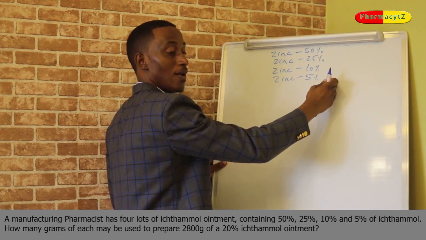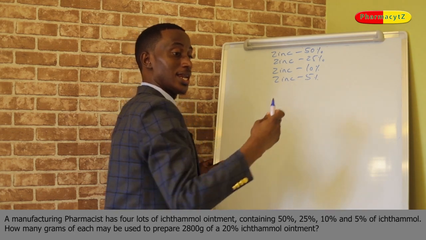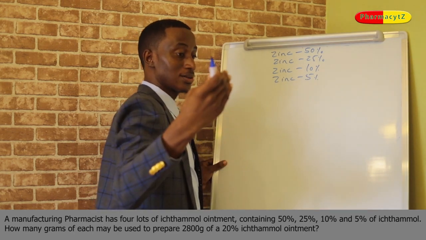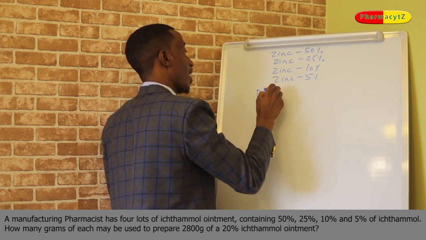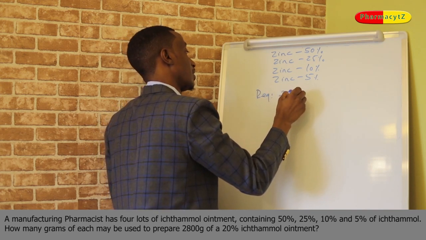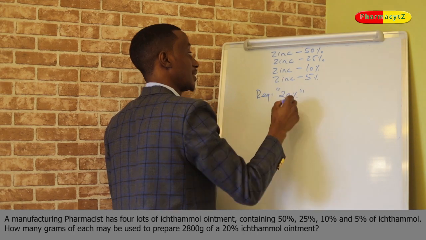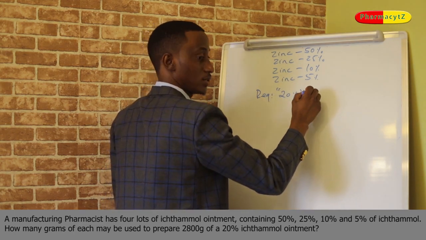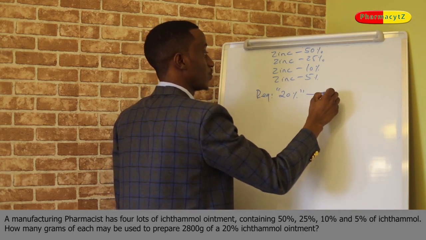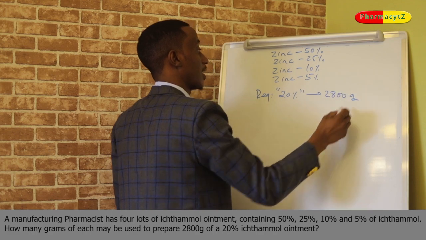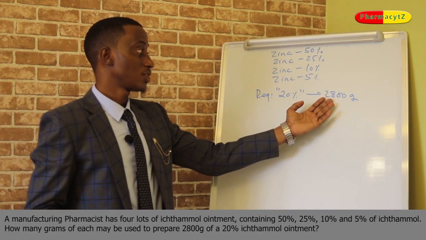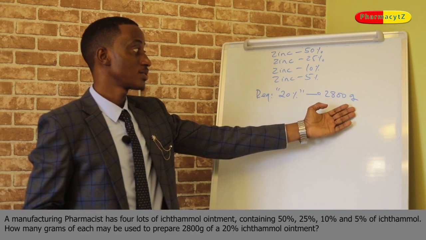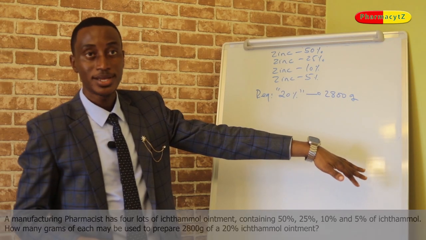So from these 4, a manufacturing pharmacist needed to prepare a 5th one which contained 20%. He wanted to prepare 20% in a certain amount, which was 2,800 grams. So in fact, this manufacturing pharmacist needed to prepare 2,800 grams of ecthermal ointment.